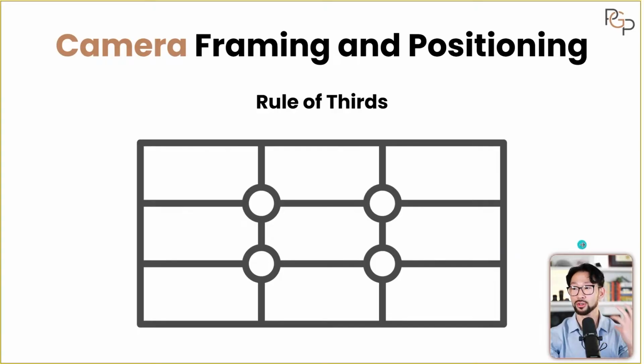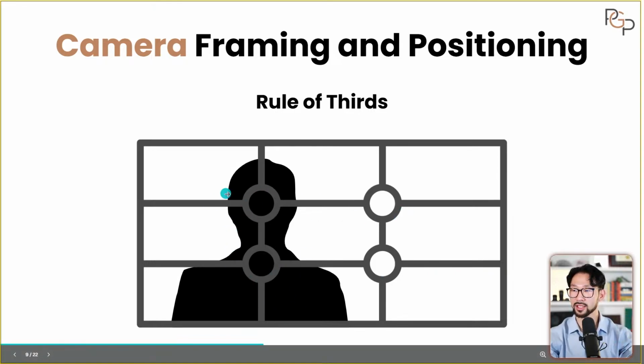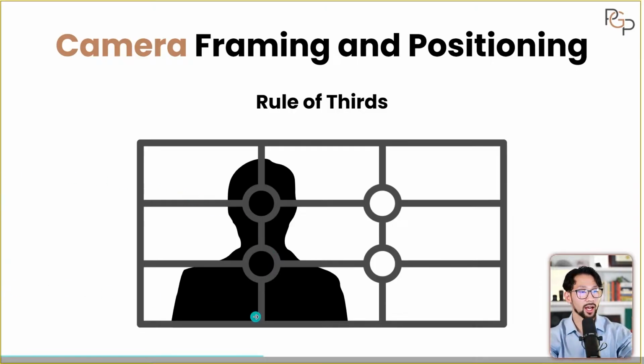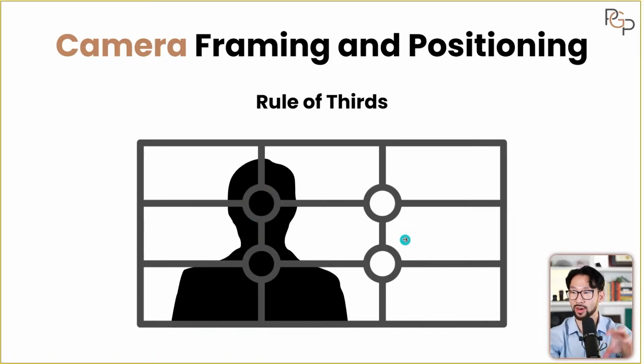So if it's just you talking, you want your silhouette, your person, to be within these boundaries. You match up in that intersection point right here. Obviously, it could be on this side, the left side, or the right side.